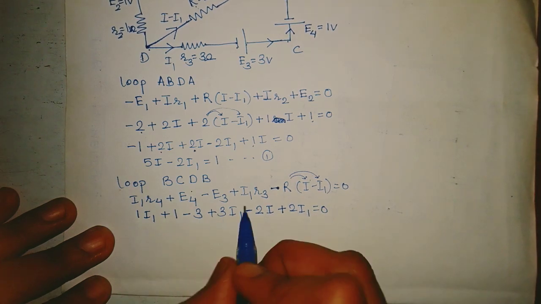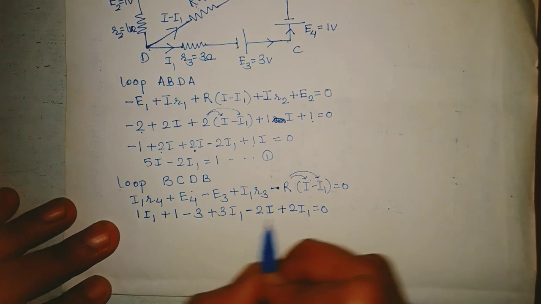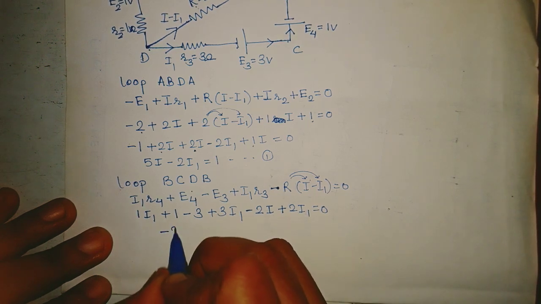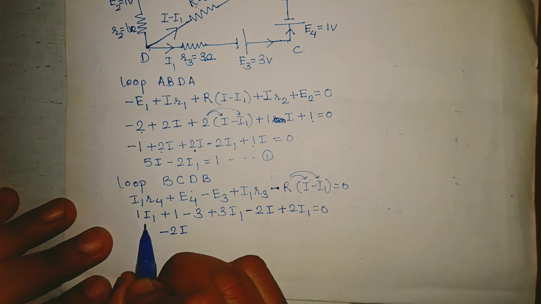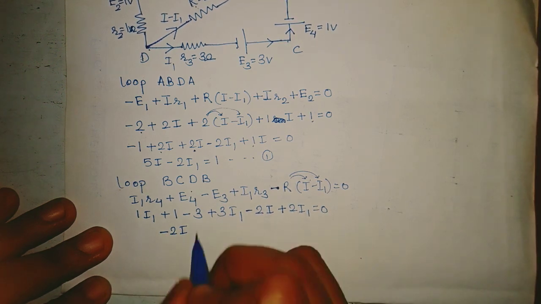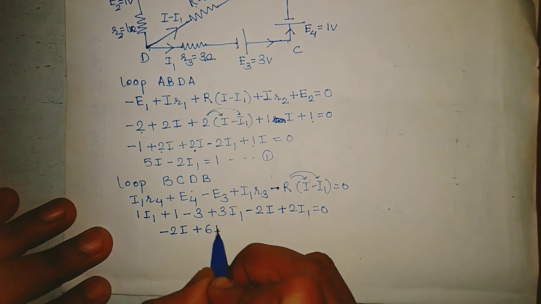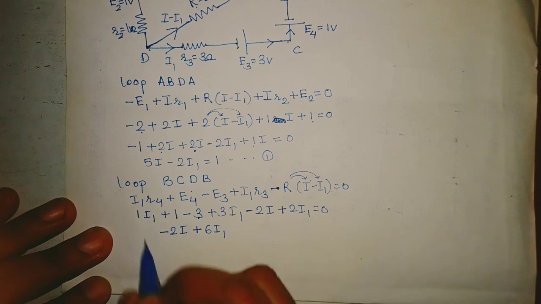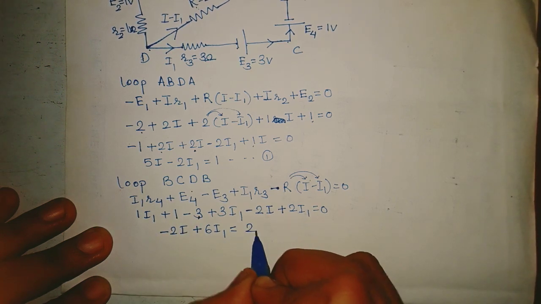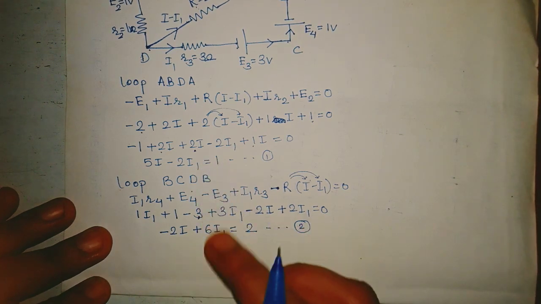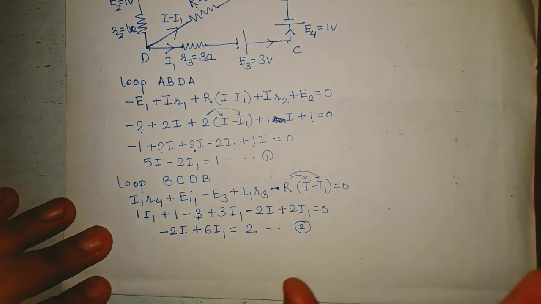Considering I, starting with minus 2I, then I1 values are 1 plus 3, 4, 4 plus 2, 6 I1, and this will be 1 minus 3 minus 2. I'm taking it that side, so it will be positive 2. Now these are our two equations which we have to solve.